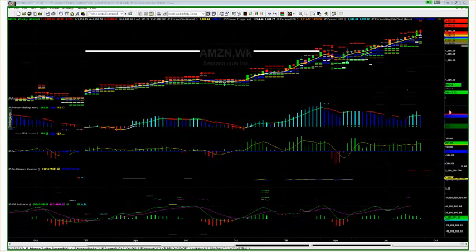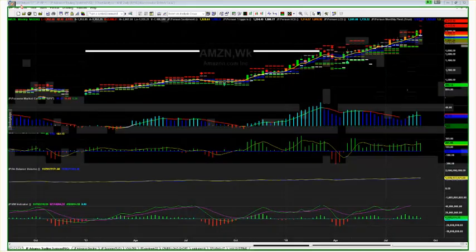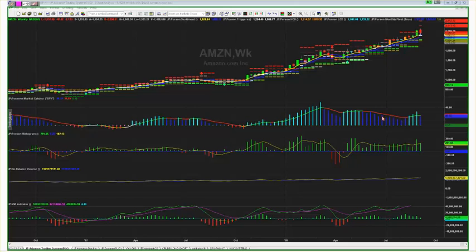Why am I befuddled? Well, real simply, the relative strength hasn't gone negative. It's still green dots. See the dots? They're still green, which means it's still positive. But in past times when we've had corrections in the market, the relative strength starts to weaken, and you go into at least a two to three week lull, or a two to three month lull or correction period in the marketplace.